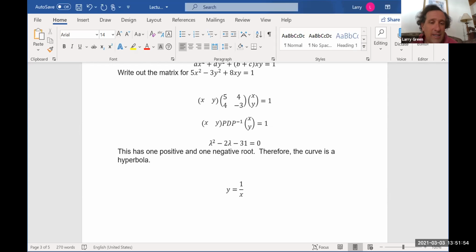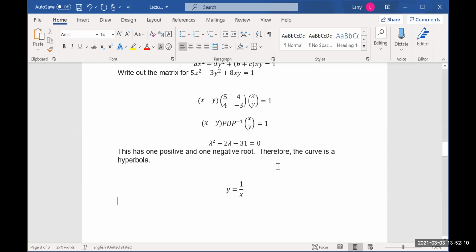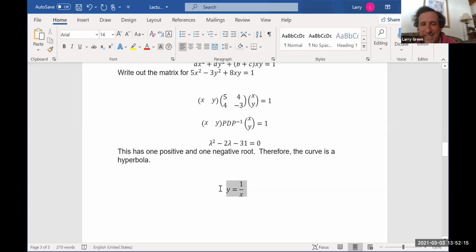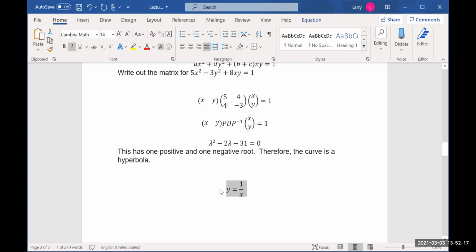What does it look like? That's the butterfly one, right? Butterfly. Yeah, it's one way of describing it. But we're going to actually realize that it's something special. Like hyperbola? Are you sure it's a hyperbola? No. Let's prove it.